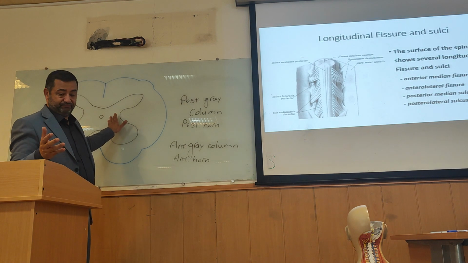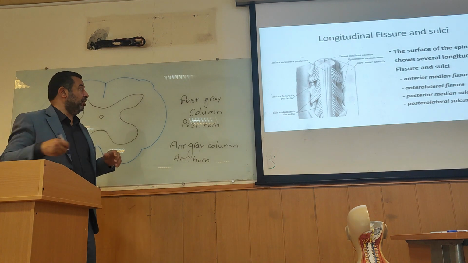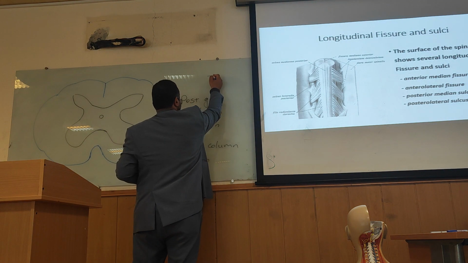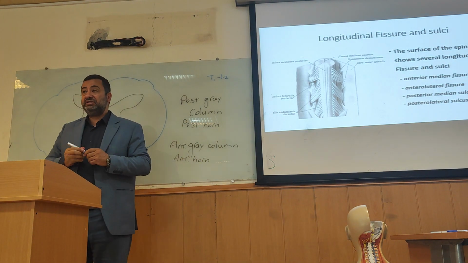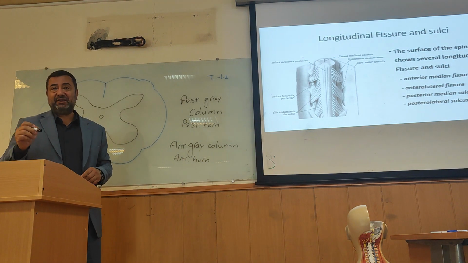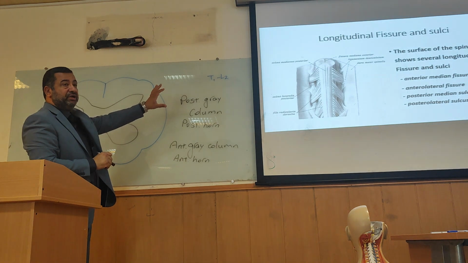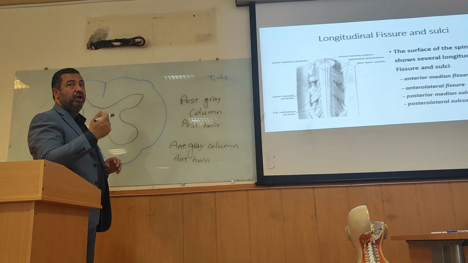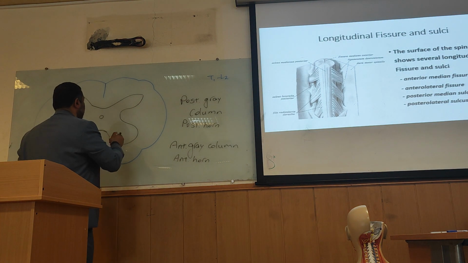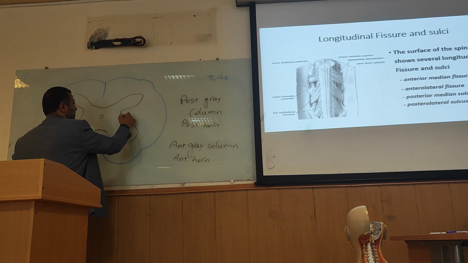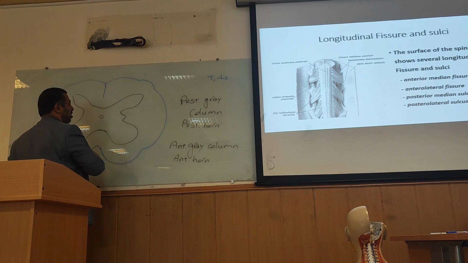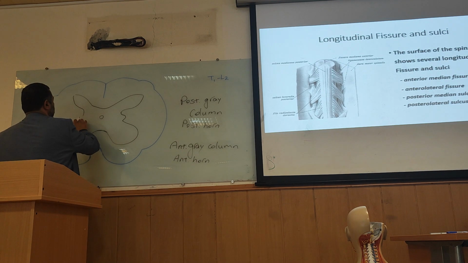Intermediate gray column. And from T1 to L2 segments of the gray matter of the spinal cord, there is an elevation in the intermediate gray column that is called lateral horn.